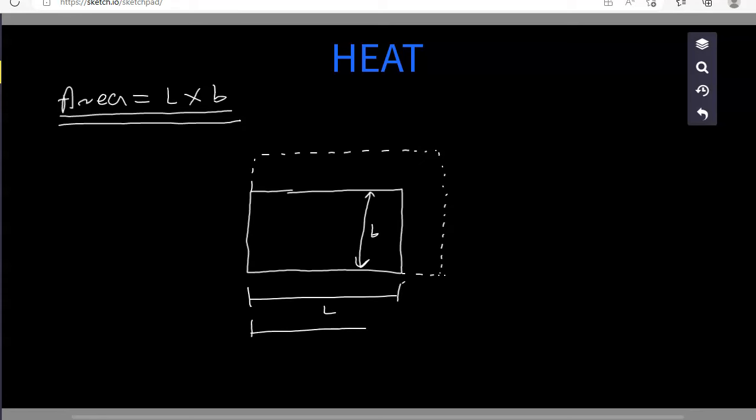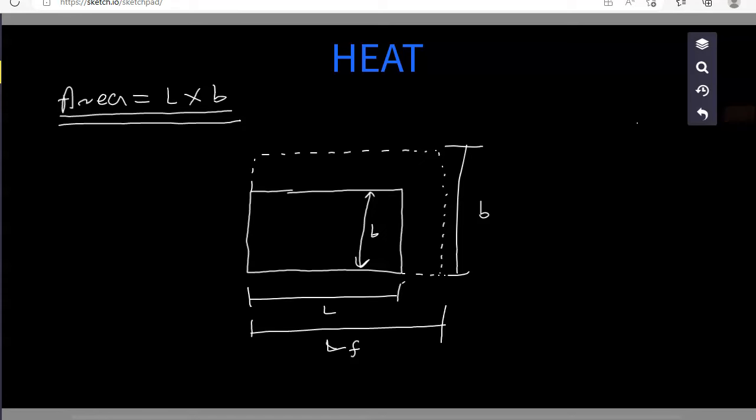From here to here will be our final length, and this will be our final breadth. But we're not going to do them separately one by one because we are dealing with an area.